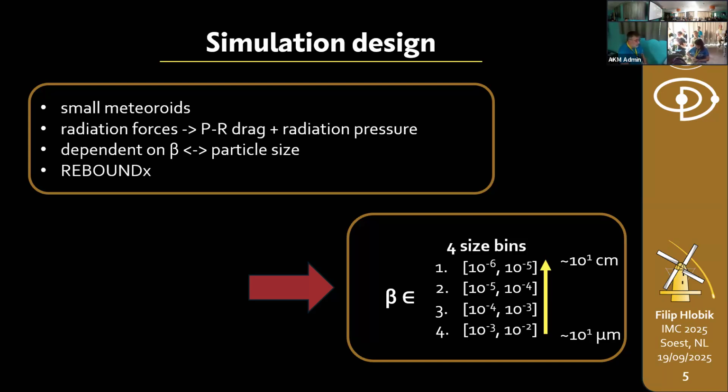These radiation forces were included in the aforementioned REBOUNDx package. Here we can see the 4 size bins which were used in the simulations, which correspond roughly to 10 centimeters in particle size down to 10 micrometers.